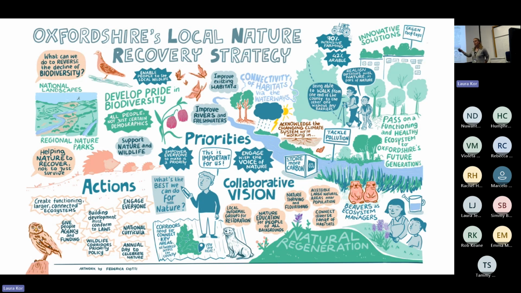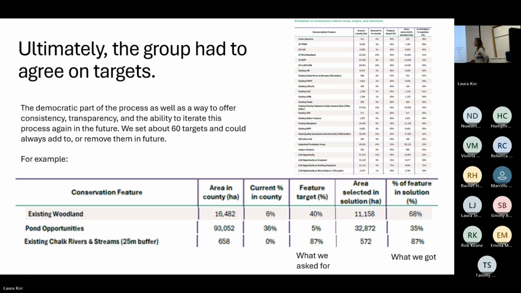That ranked as a top priority, a top outcome for people to see happen in the county repeatedly. Fresh water quality as well as river health were really important in Oxfordshire. Again, similarly, you see another theme around corridors that need to connect key areas coming up, and somebody's ambition to be able to walk across the county without any barriers, which was really nice as well. So this has helped keep us in check as we go through the process.